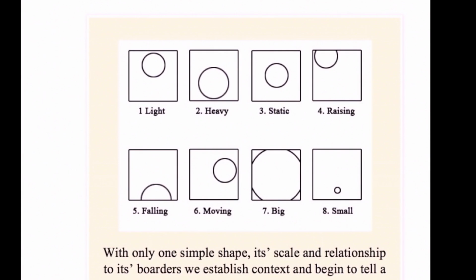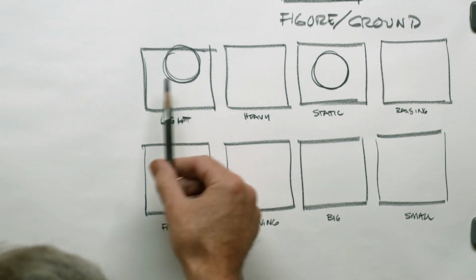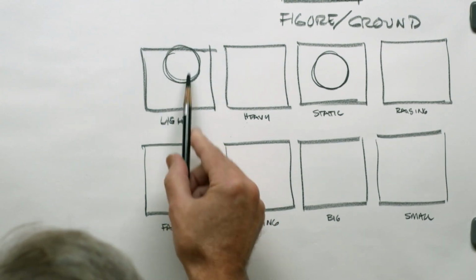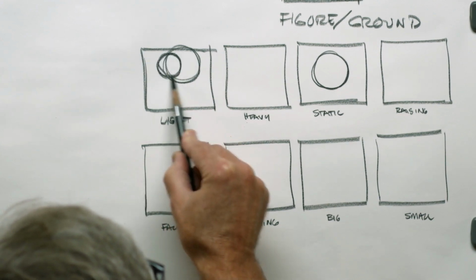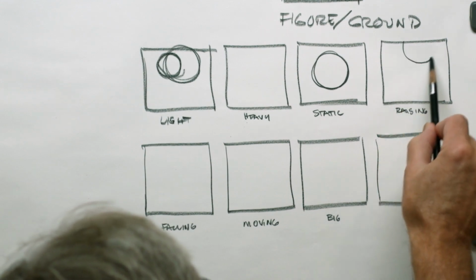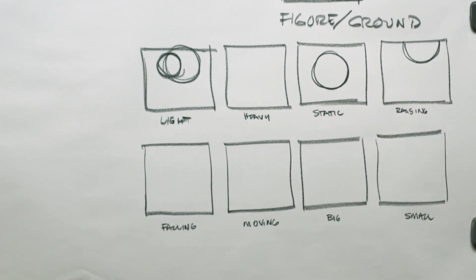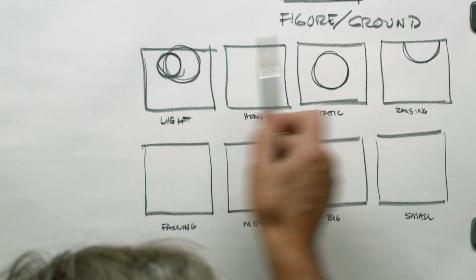Something that appears light might be somewhere at the top of the frame. If it's light, it might appear at the top of the frame. Now, it could be just inside the top, because something light and something rising might even be cropped. This feels like it's rising more than this one over here, doesn't it?